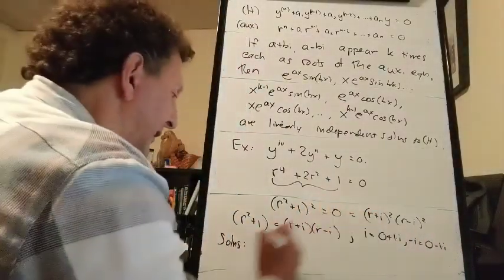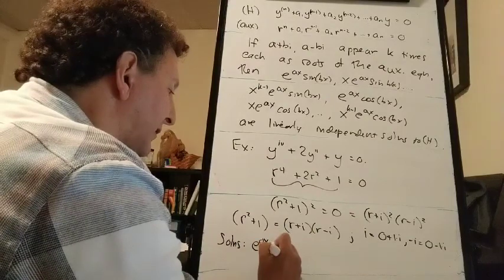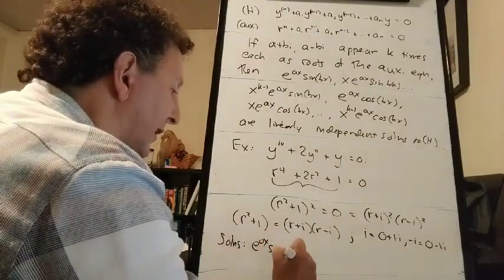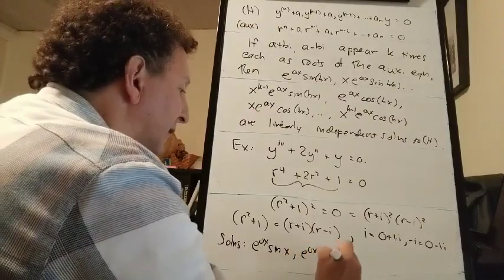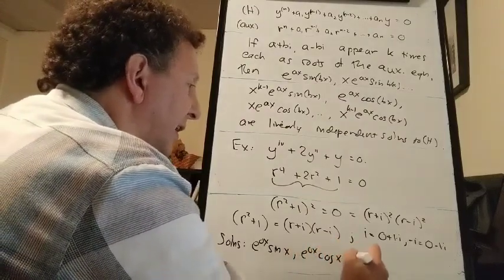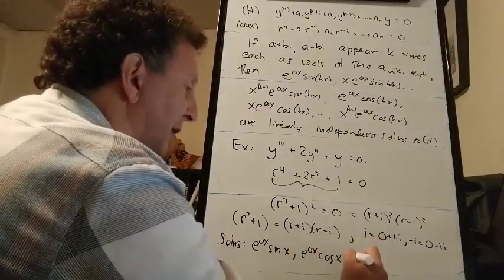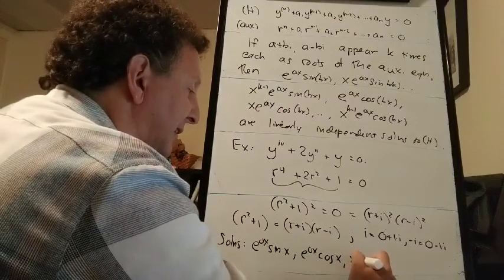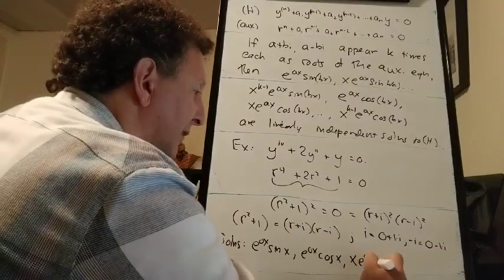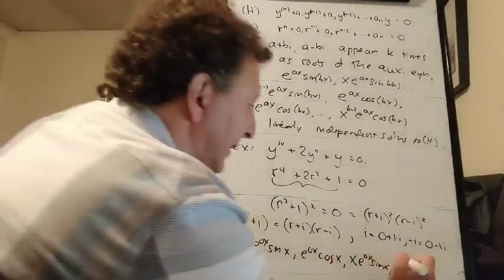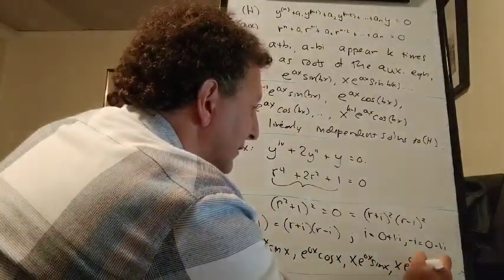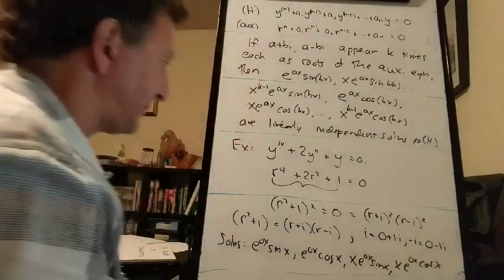Solutions are e to the 0x sine of 1x, e to the 0x cosine of 1x, and then for the repetition we need to throw in an x: x e to the 0x sine x, x e to the 0x cosine of x.